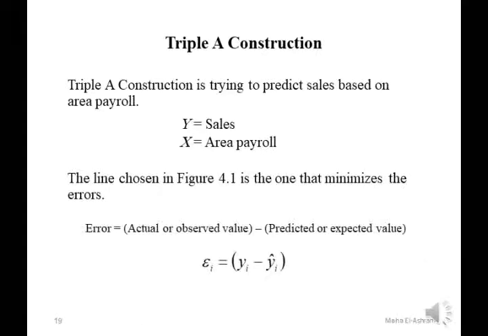So let's go back now to our example. In the AAA construction, we had y to represent the sales and x to represent the payroll.